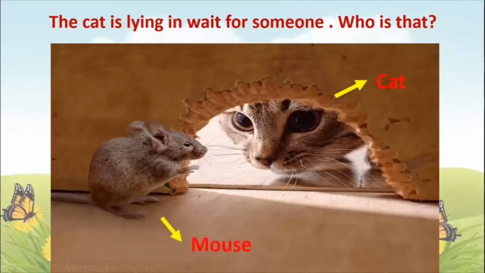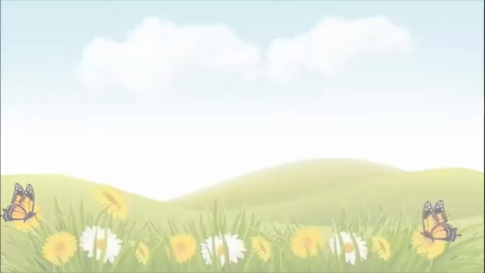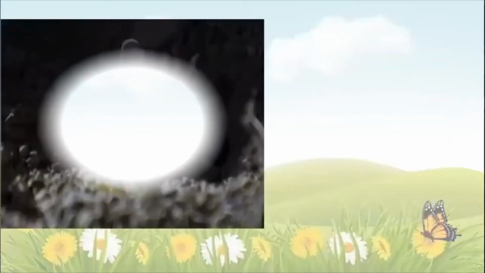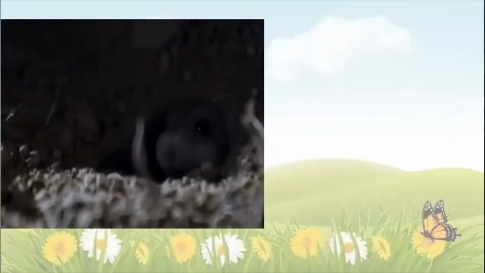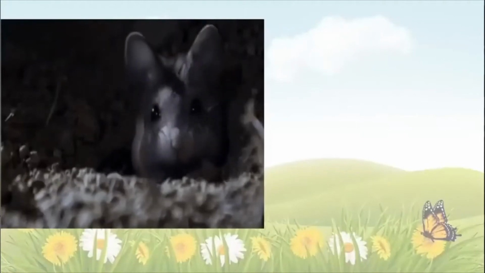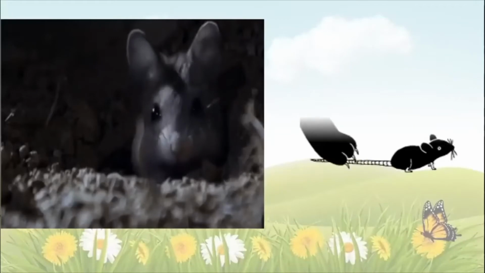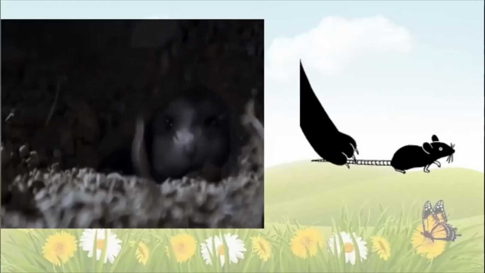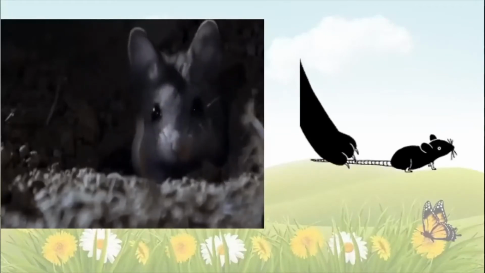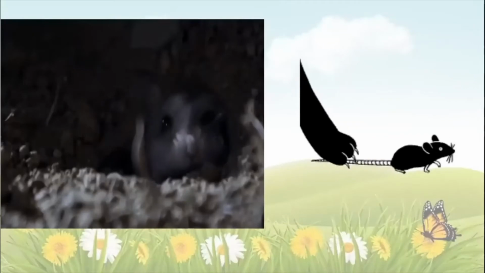But the mouse is very smart. The mouse is sitting safely inside its hole. The mouse knows that if it comes out of the hole, the cat will catch him. See how safely he's sitting inside his house and looking outside. He will not come out, because he knows that as soon as he comes out of the hole, the cat will catch hold of him and eat him up.